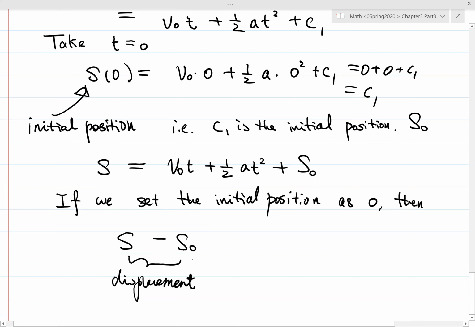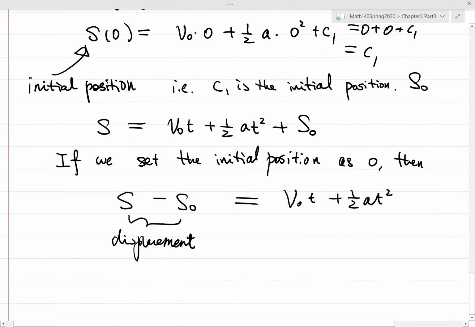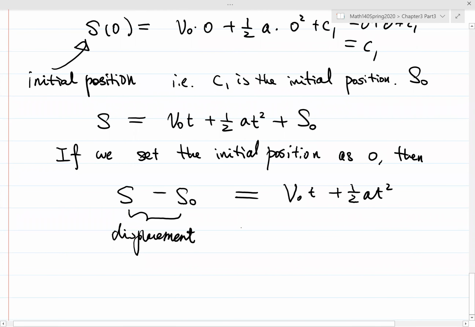The displacement will be the position function because S0, by our choice, is 0. So the displacement of constant acceleration motion is v0 times t plus 1/2 at squared.